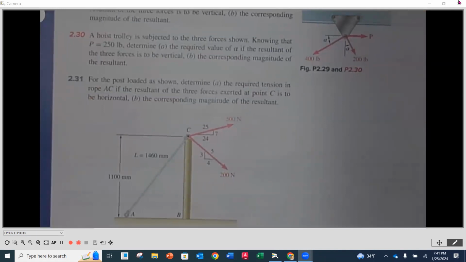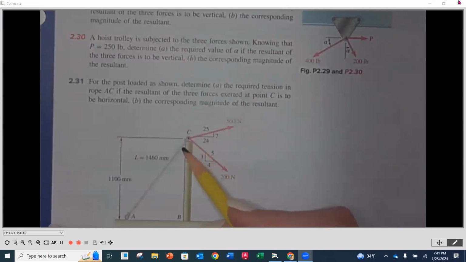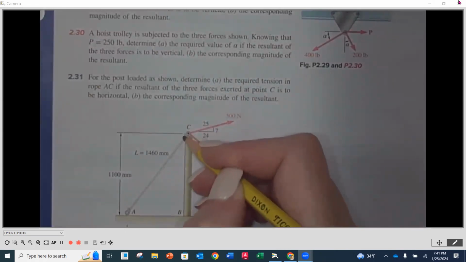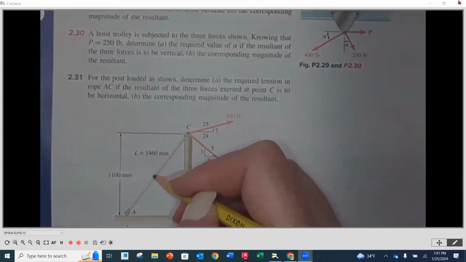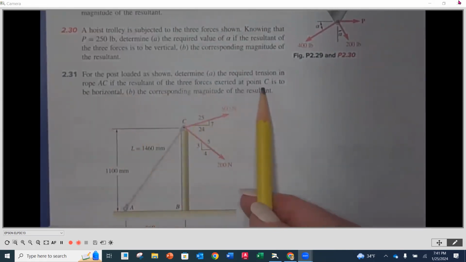Number 31 says, for the post that's loaded here, determine the required tension in AC. So AC is right here. Now, this is a rope. It says it's in tension. So if it's supporting this, it must be pulling away and down towards A. Does that make sense? Okay. Now it says the required tension in AC, if the resultant of the three forces exerted at C is to be horizontal.